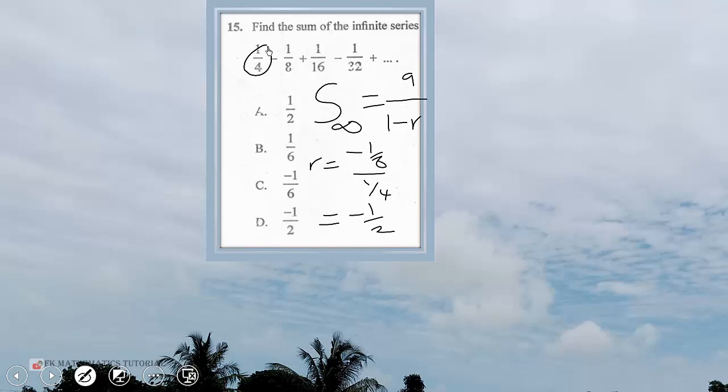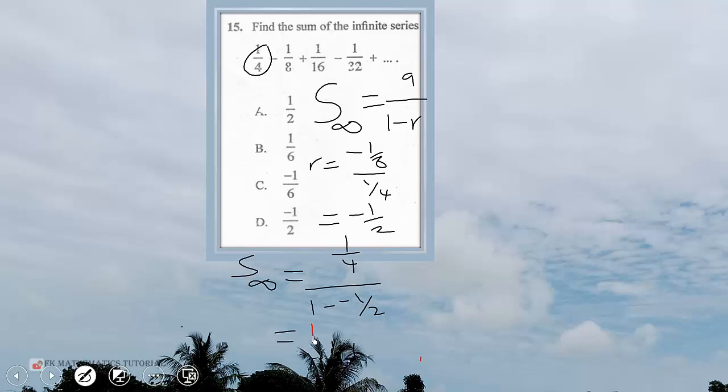And then a is the first term here, so the sum to infinity will be equal to a, which is 1 over 4, all over 1 minus negative half. So this will give us 1 over 4 over 3 over 2.